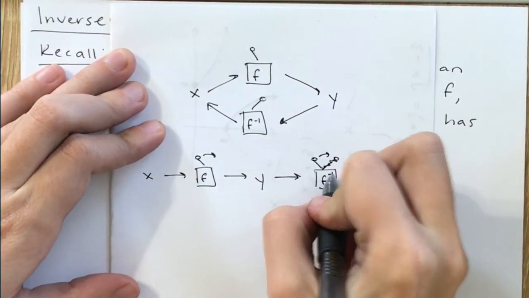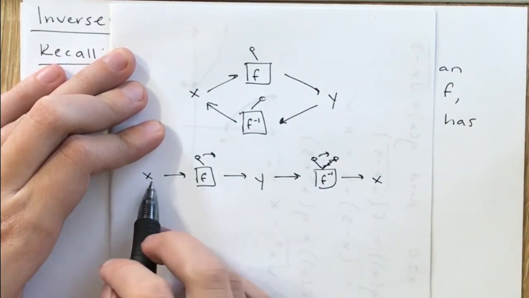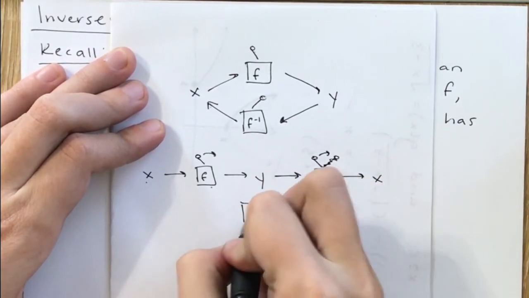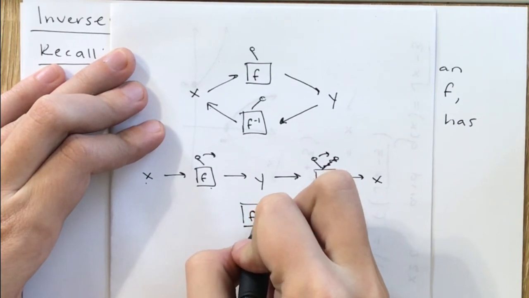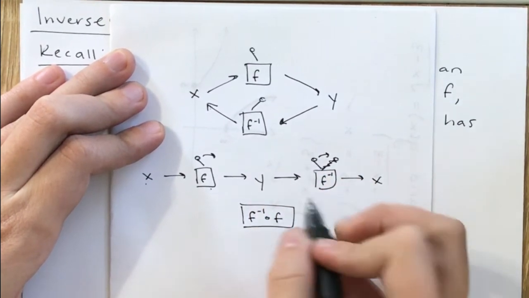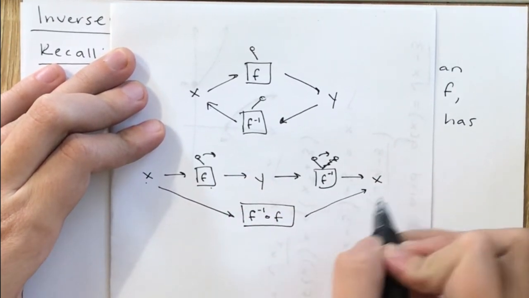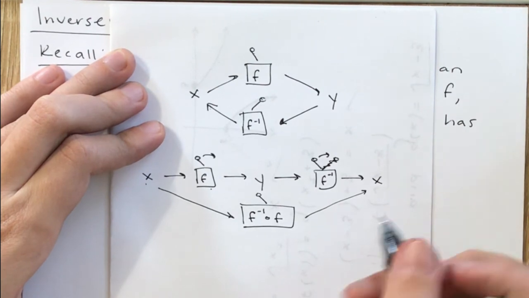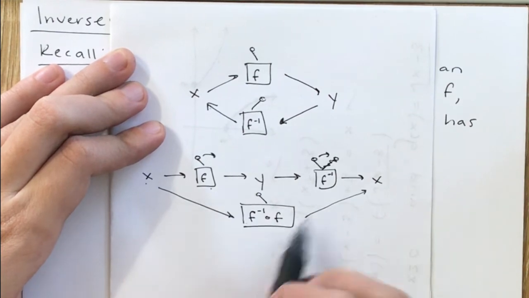So we have f inverse, and it's giving us x. So if I compose f inverse of f, I get x. Remember, we work from the inside out, so it's kind of flipped order.